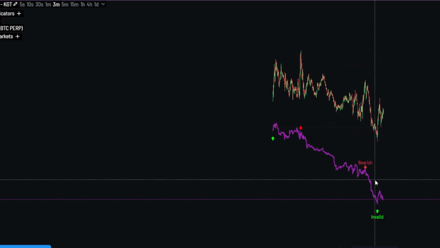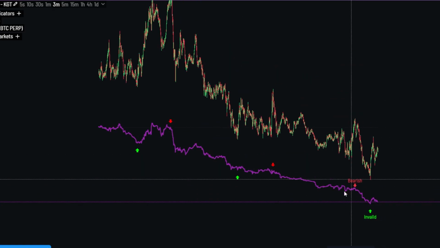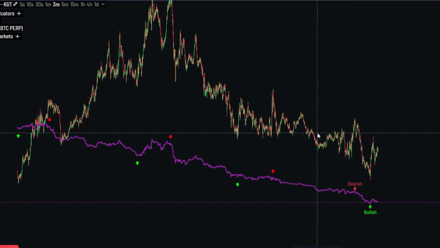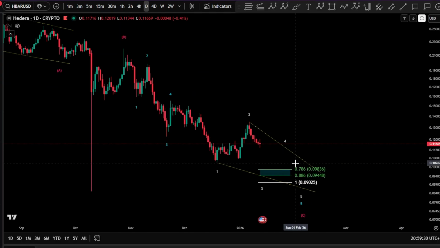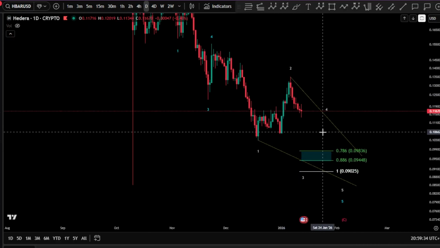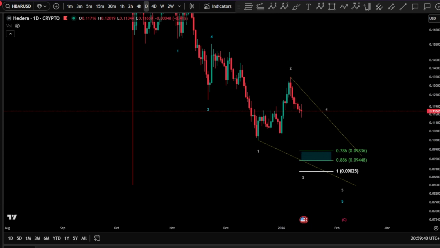On the 3 minutes, again, invalidation of the bullish, bearish even on the 3 minutes. So obviously it's a very clear signal, guys. We are bearish there. We're looking for something bearish, especially 3 waves and invalidation taken. So I'm looking, of course, for this zone for HBAR as well.